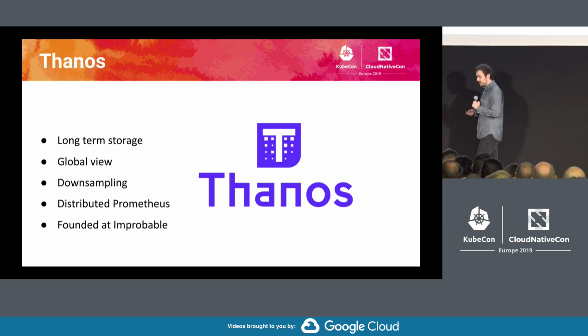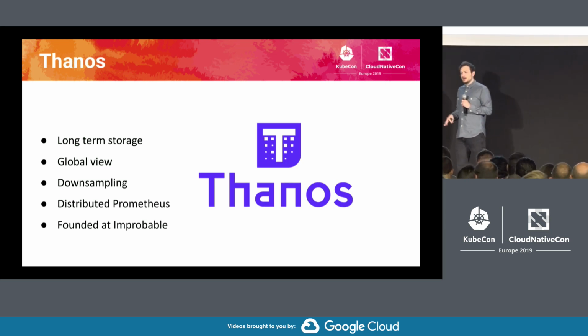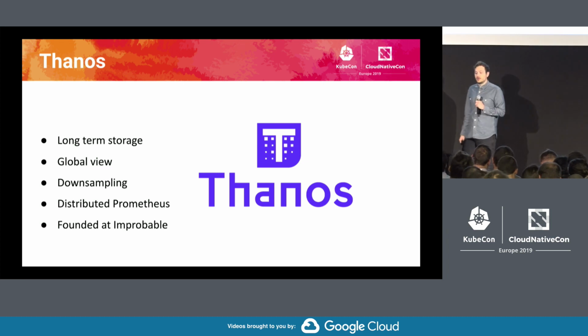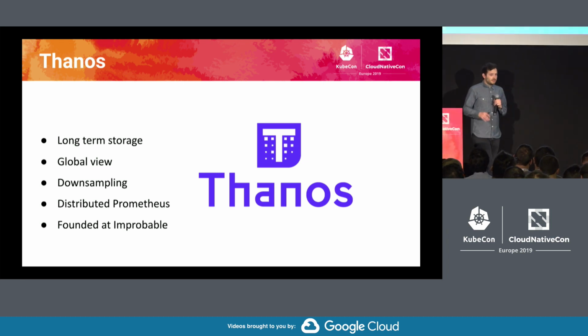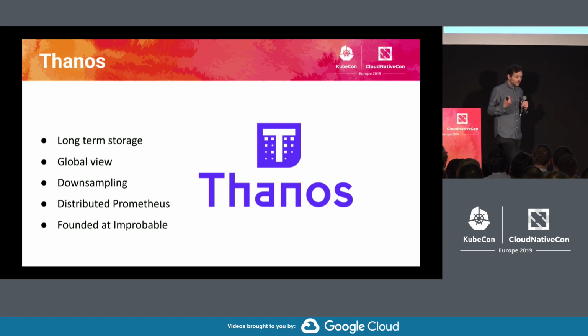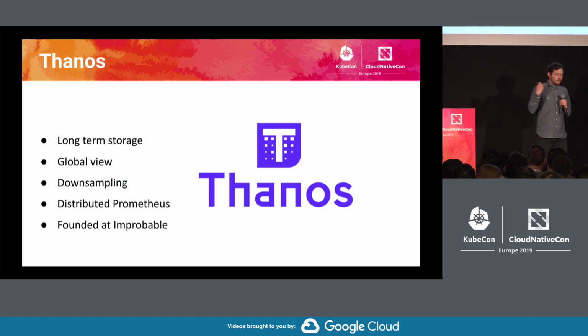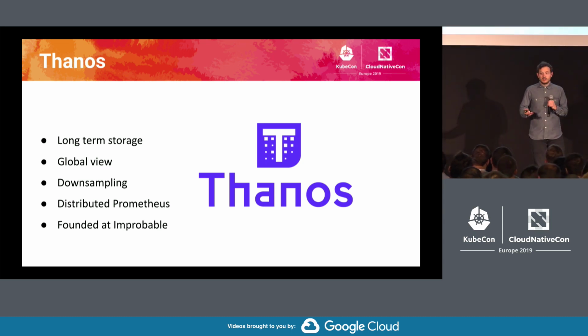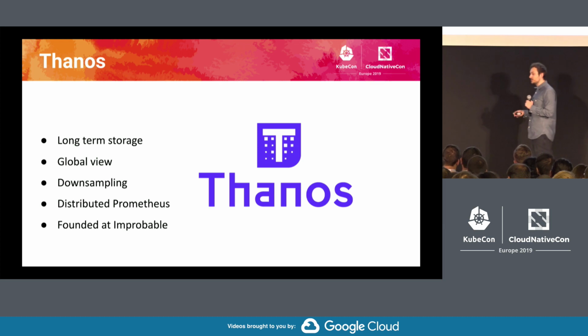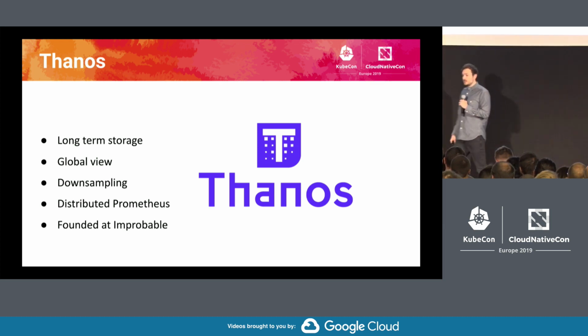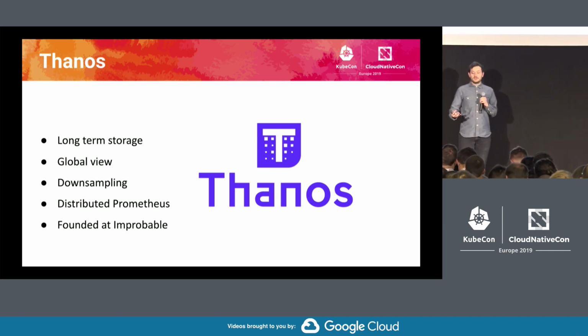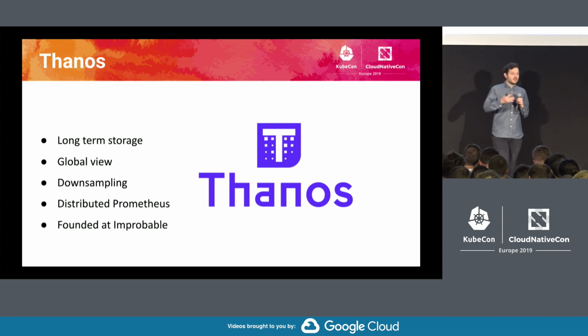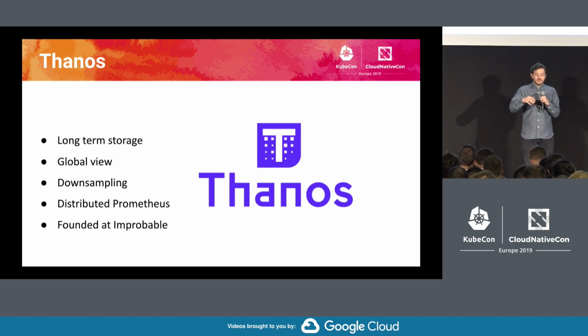And about a year and a half ago, maybe a year ago, a team, actually 2 individuals at Improbable, came up with a really awesome solution to this, and they named it Thanos. Thanos has all of these features, and you can think of it as a distributed Prometheus.